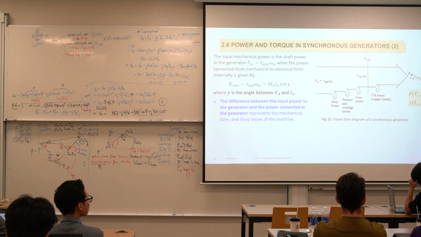Sometimes we have delta P CuF. What does delta P CuF mean? The copper losses from the rotor winding. Because this one is I_F and this one is R_F, the copper loss of the field winding is I_F squared times R_F.